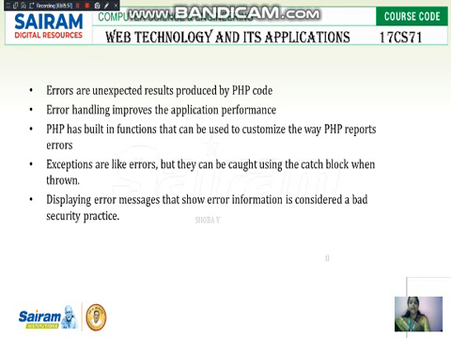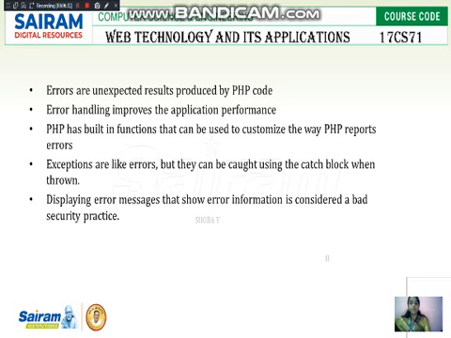Errors are unexpected results produced by the PHP code, and they can be in a wrong format too. Error handling improves application performance. Exceptions are also the same as errors, but they can be caught using a catch block when thrown.